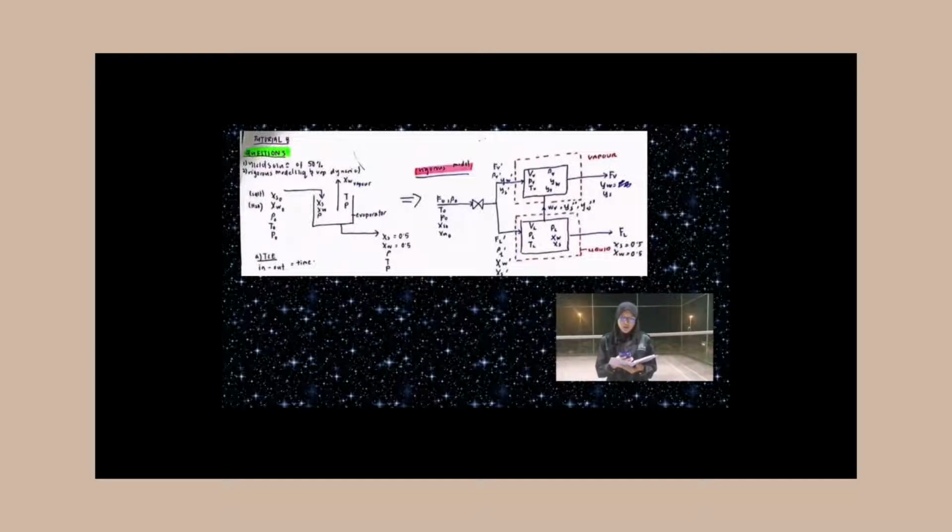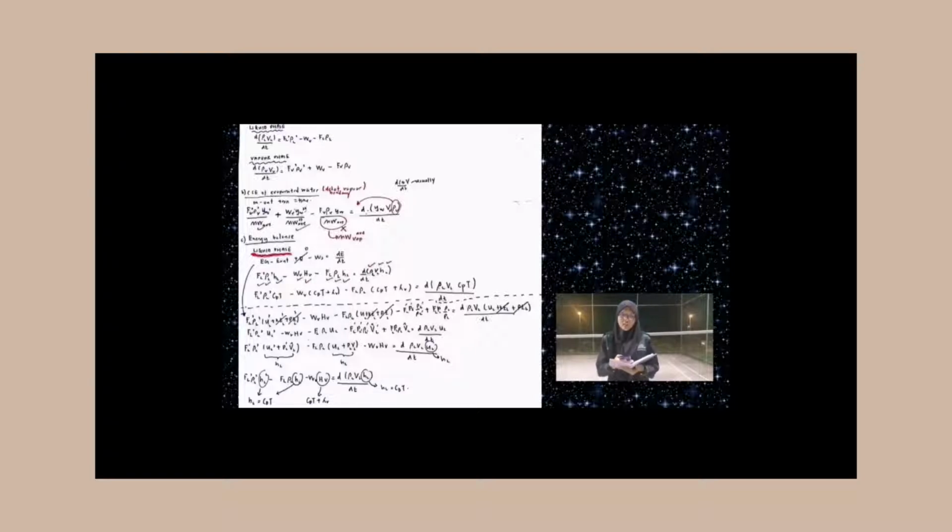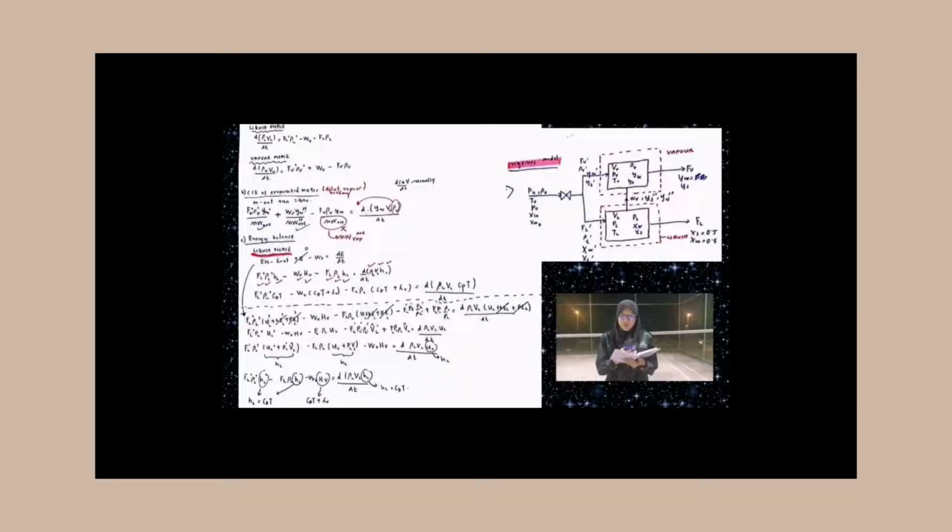For the TCE, we know the general equation is in minus out equals accumulation over time. We look at the diagram again and input the values into the equation.